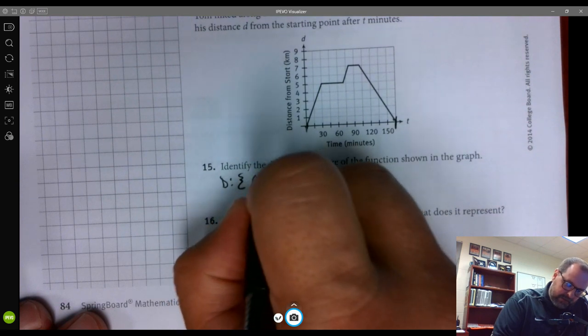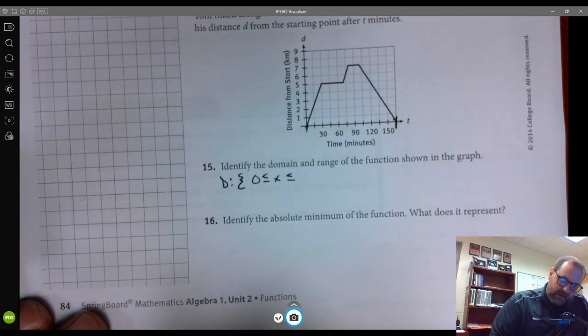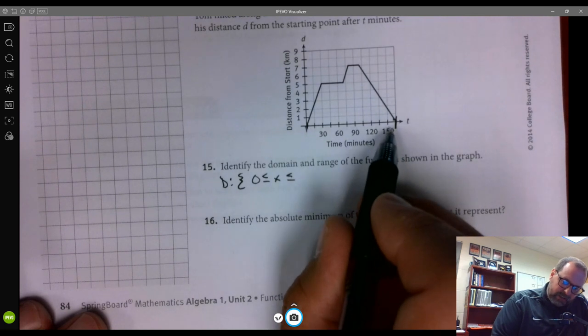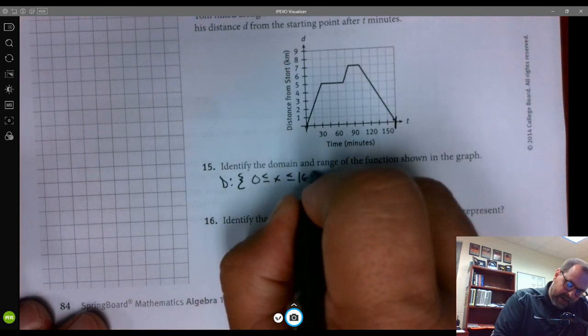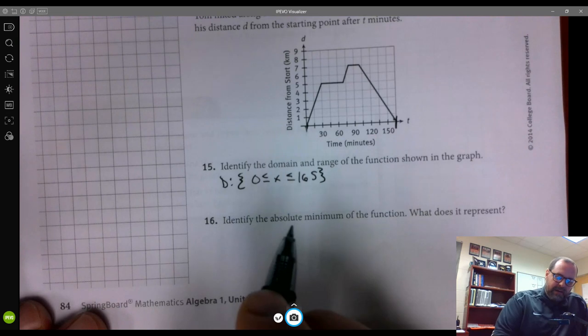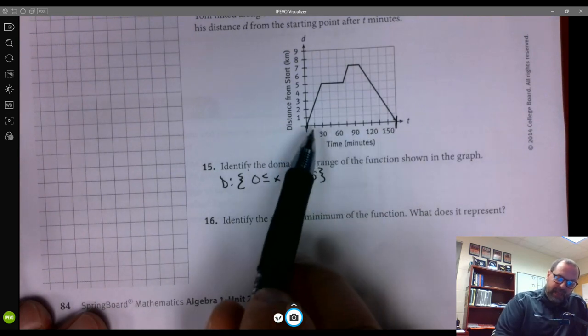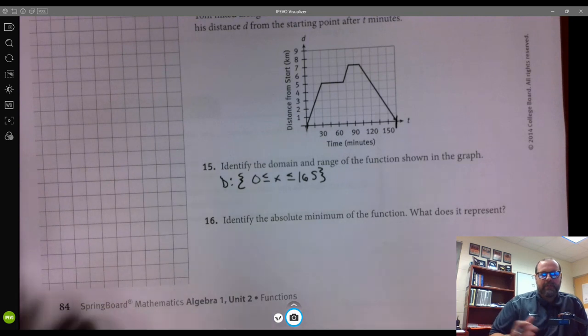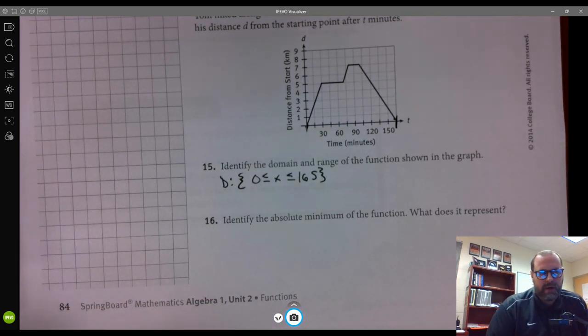So they start at 0 and they go to, these are going up by 15s, interesting, so 165. Okay, so it's continuous, so it's every number in between there. So I don't have to put something to the side that says it's between 0 and 165, but only whole numbers, because that might happen. In this case, it does not.